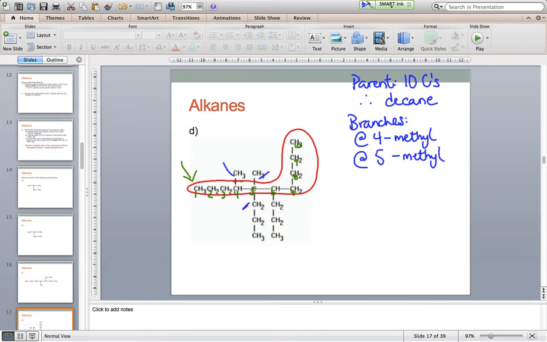I also have a propyl, so 1, 2, 3 carbons in that chain. So I have a propyl at number 5. And then lastly, at number 6, I have another propyl. Again, that's because there are 1, 2, 3 carbons and it's a branch.